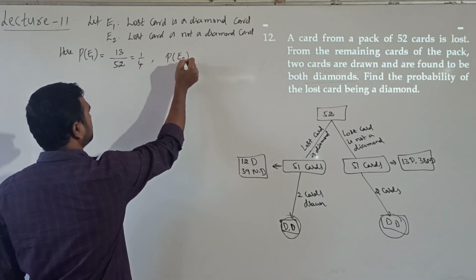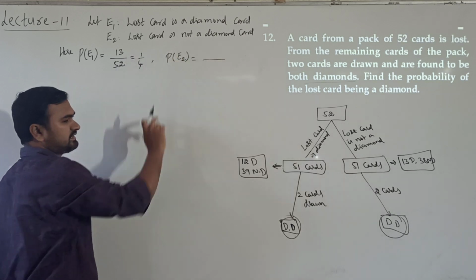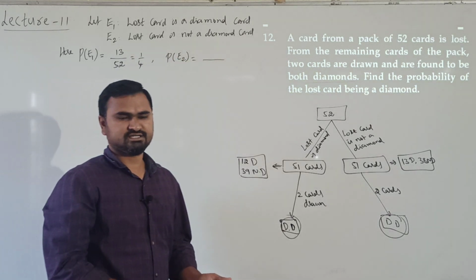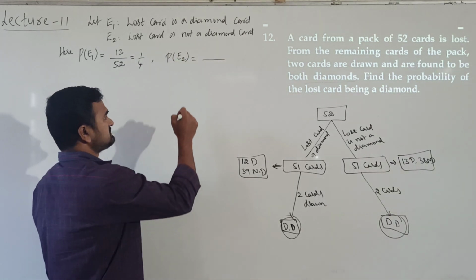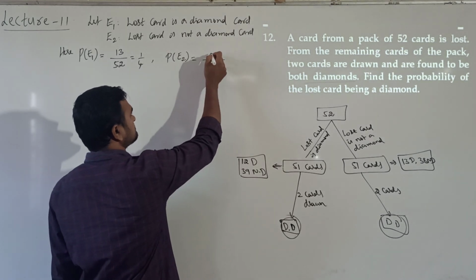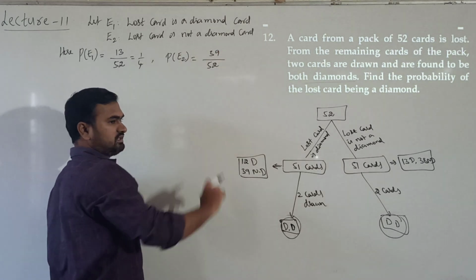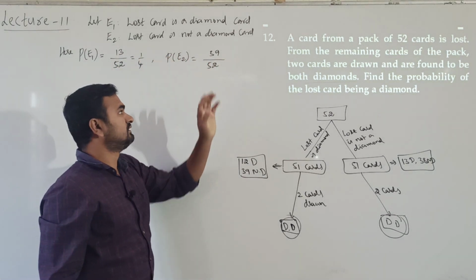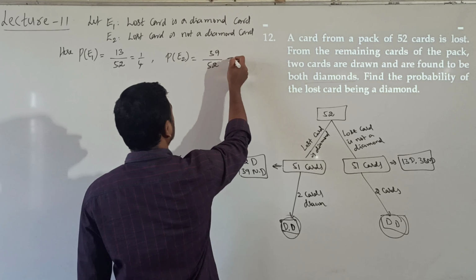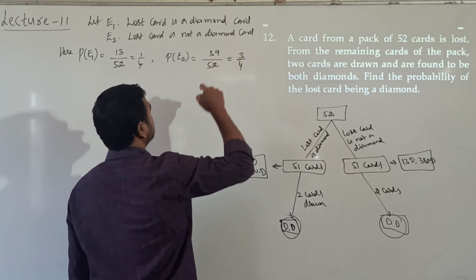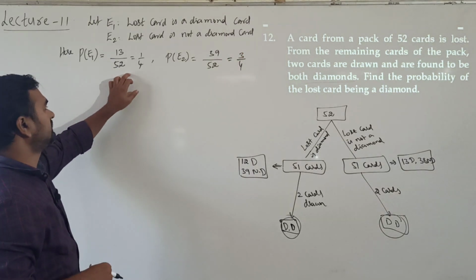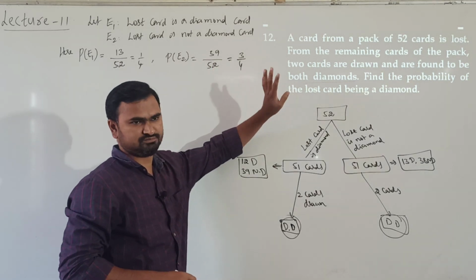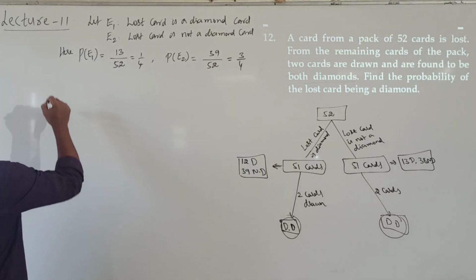And what is P of E2? The last card is not a diamond card. What is the chance that it is not a diamond? There are 52 cards. In that how many are non-diamonds? The remaining 39 are non-diamonds. Okay, 13 are diamond cards, the remaining 39 are non-diamond cards. That is 3 by 4. So we know the probability of E1 and the probability of E2. Now we have to define the common event.